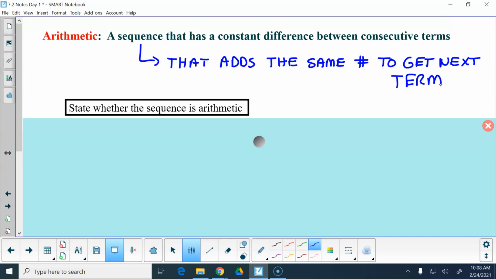Arithmetic, add. So we're adding a number to get the next term every single time.